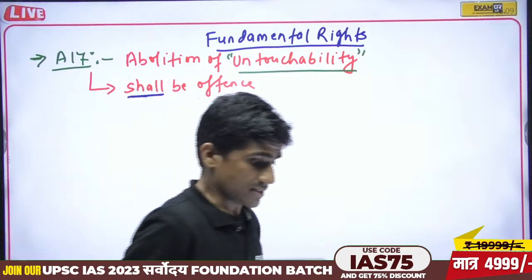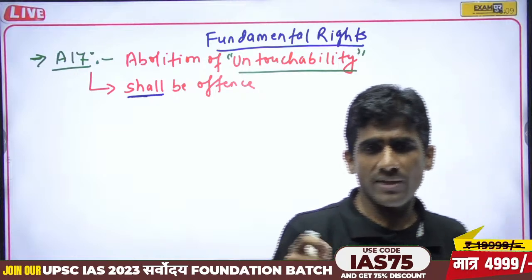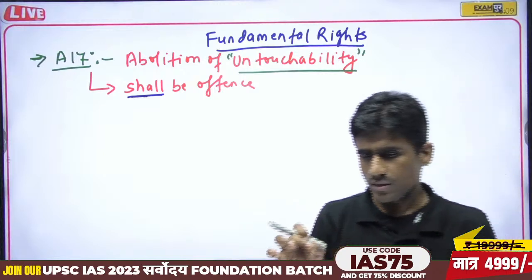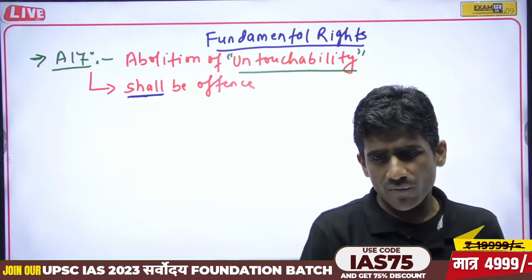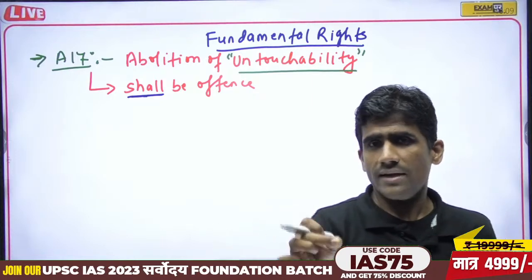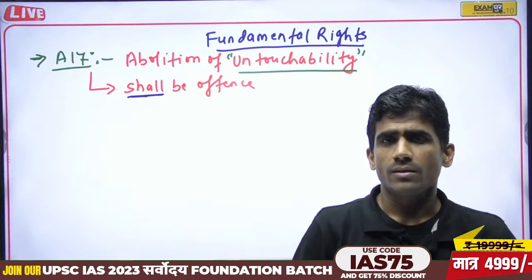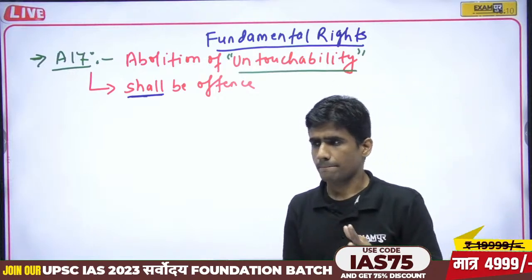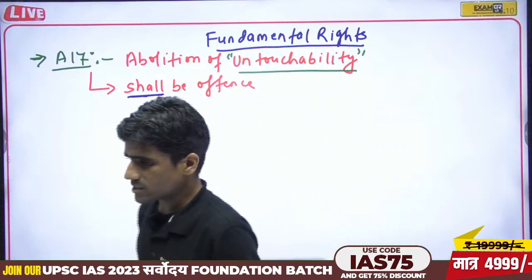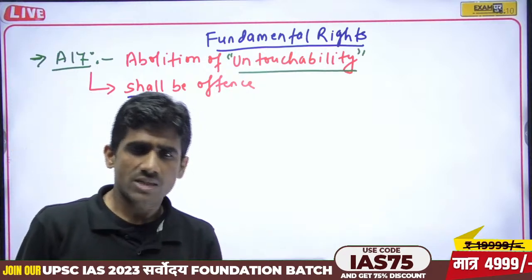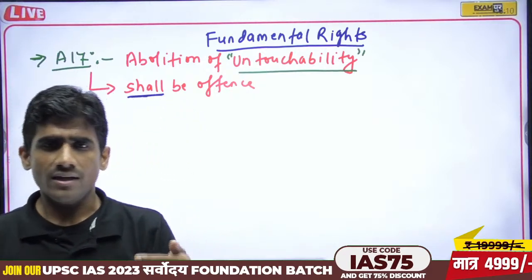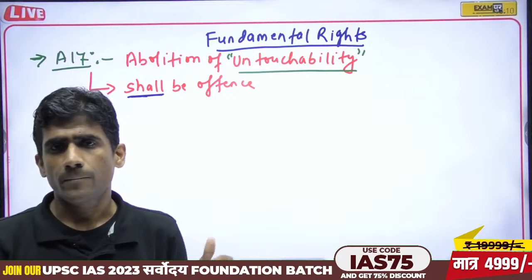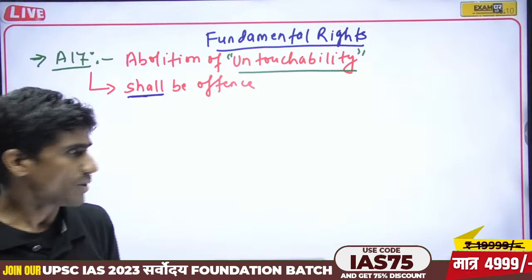Dr. B.R. Ambedkar and Sardar Vallabhbhai Patel once said that if untouchability became a fundamental right and a punishable offense, then definitely we can achieve our target to eradicate untouchability in our society.